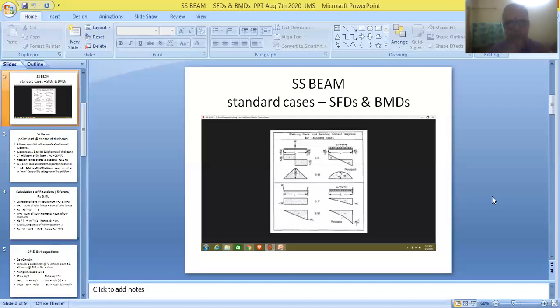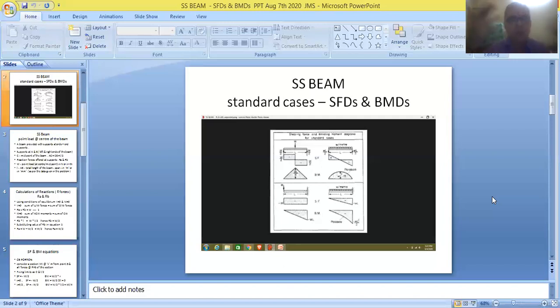We have discussed all these cases: how to measure the values of reaction forces, how to use the conditions of equilibrium, how to consider sections, and thereby how to prepare the equations, how to fix the limits, lower and upper limits, and how to measure the values of SF shear forces and bending moments.